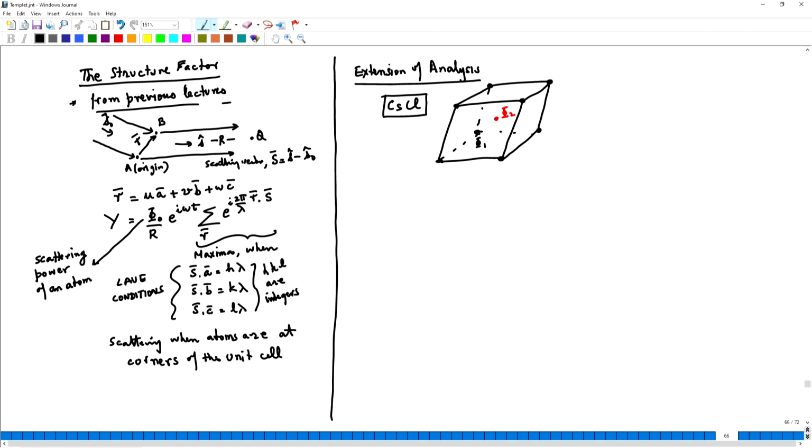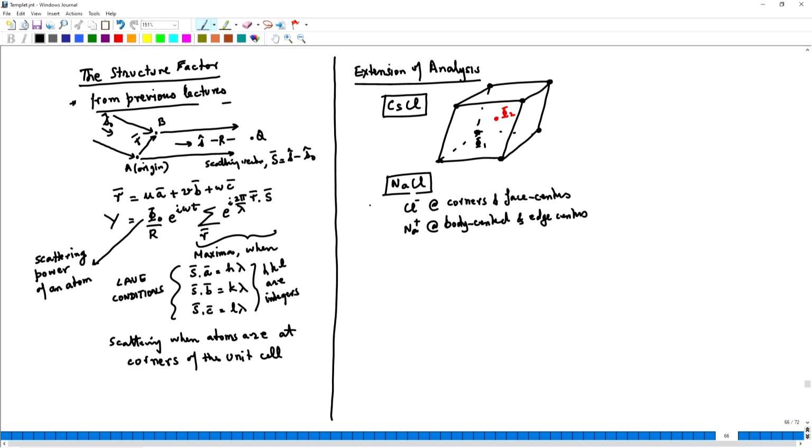Now, there can be even larger number of atoms. For example, if I take sodium chloride, chlorine ions I can put at corners and all the face centers, and sodium ion I can put at body centered position, so body center and edge centers.